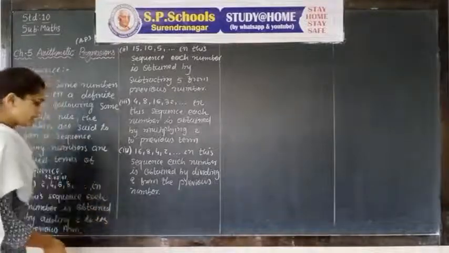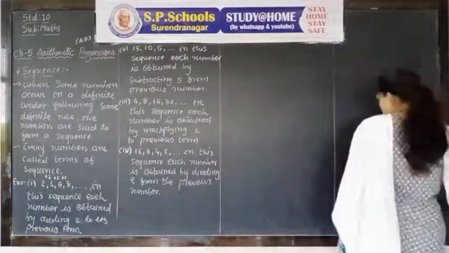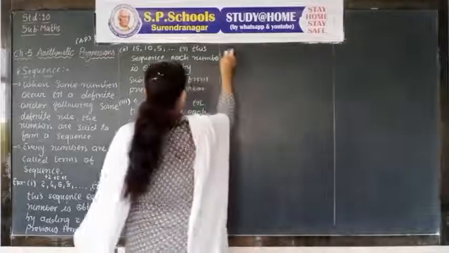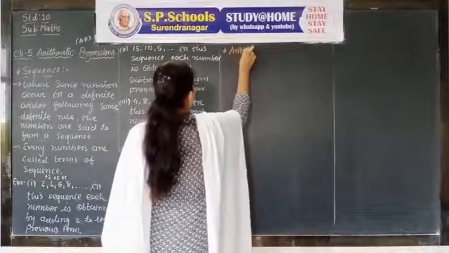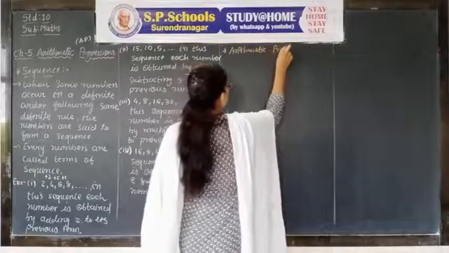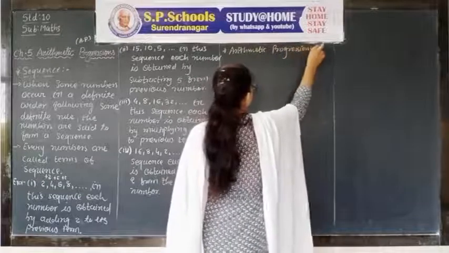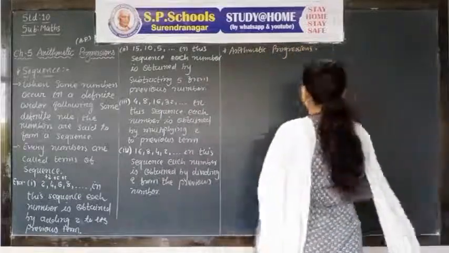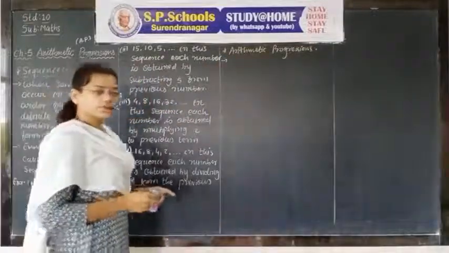Now, what is an AP? Let's see the definition of arithmetic progression. Arithmetic progression is also one type of sequence.